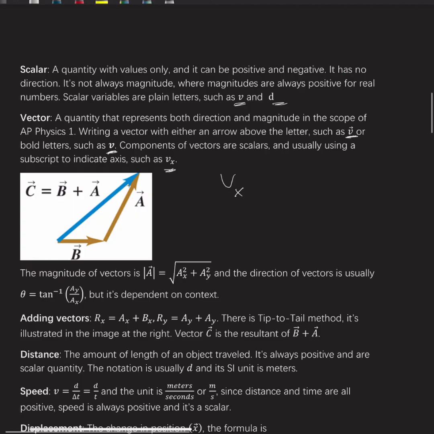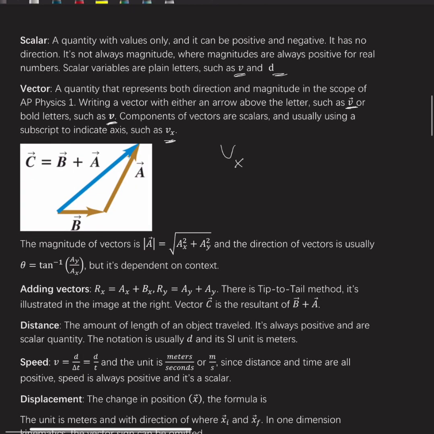The magnitude of a vector uses this symbol here, the absolute value sign. You may put two absolute value signs to indicate the magnitude of a vector, but you don't have to. It is defined as the x component squared plus the y component squared, and you take the square root. That is the Pythagorean theorem, this thing right here.